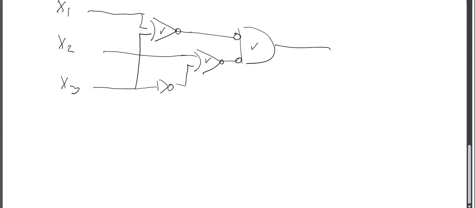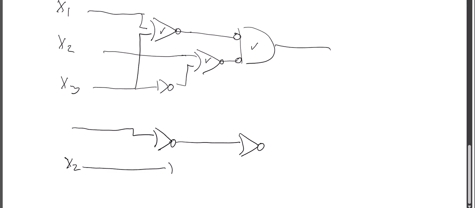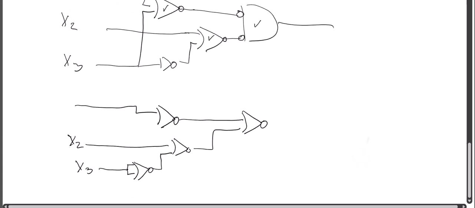The only thing I have left to do is to turn this one into a NOR gate. And if all I have is a single NOT, I turn it into a NOR gate by splitting the signal up and doing it like that.